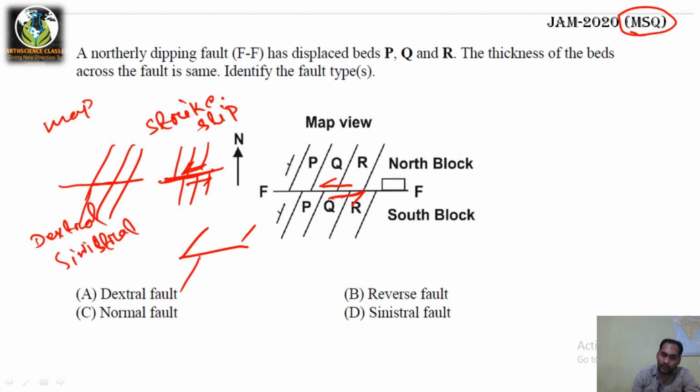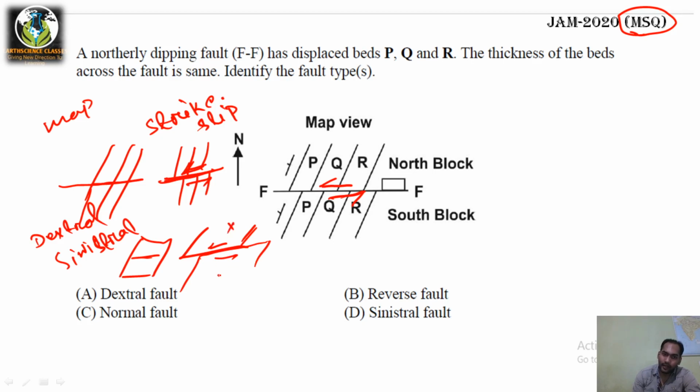This is the block like this. Initially this is like this, then it is faulted and then moved like this. So what you have to do is stand on any of the blocks. Either you will stand here or you will stand here.